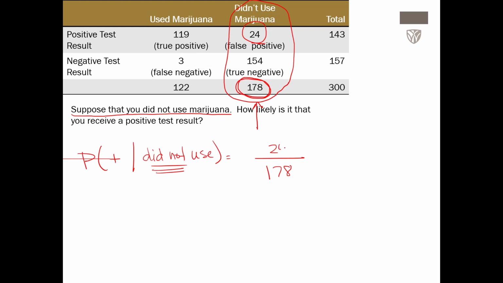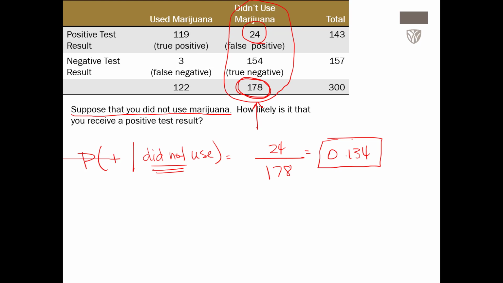If we do that math, there's about a 13% chance that you could go into this organization, have your drug test completed, and even if you had not used marijuana at all, get a positive test result.